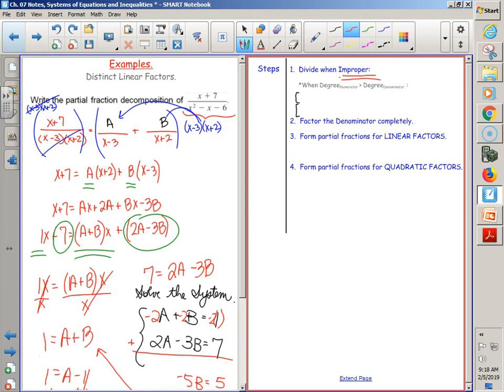What have we heard improper before in math? Fractions. Give me an example of an improper fraction with a number in it. 11 over 5. Why is it improper? You can simplify it. That's one way of saying it. Another way of saying it is, isn't it top heavy? Fractions usually show parts to whole, but what's true here?